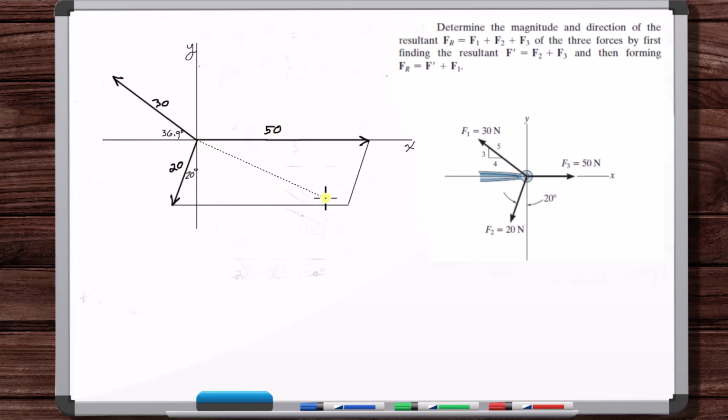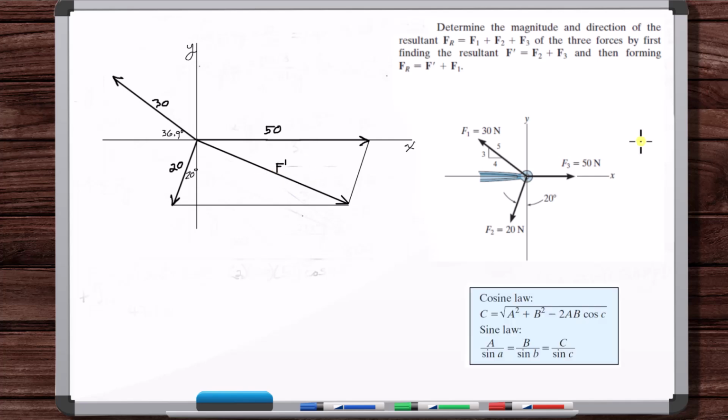So now we can draw the diagonal, and that is F prime. Okay, so now we need to solve for F prime. We're going to be using the law of sines and cosines to do this.